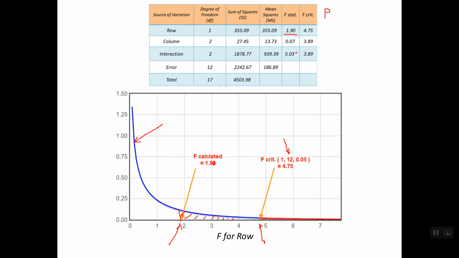Another way to make a conclusion is that this value of the F critical divides the region of this curve into 2 regions.